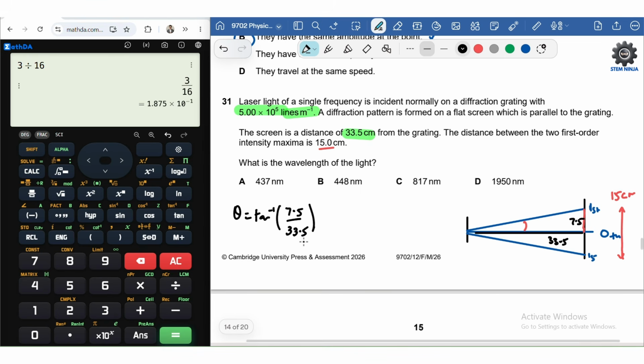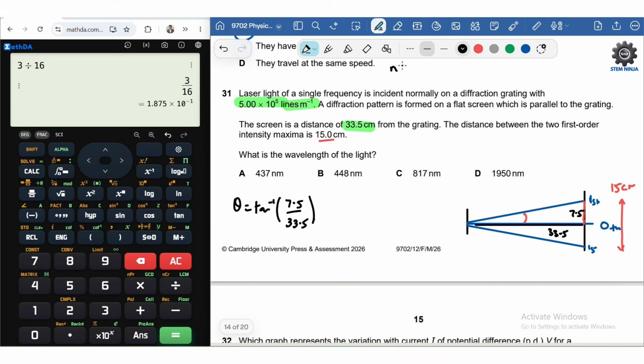Right? Okay. So we have n lambda equals d sine theta. This is already per meter, so this is n, not d. Okay. So d would be 1 over 5 times 10 raised to power 5. Right. Okay. So we need the wavelength, right?